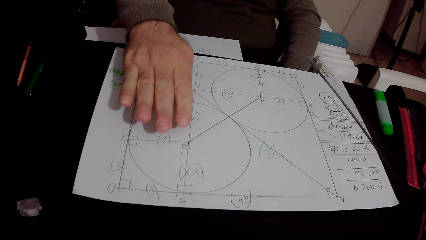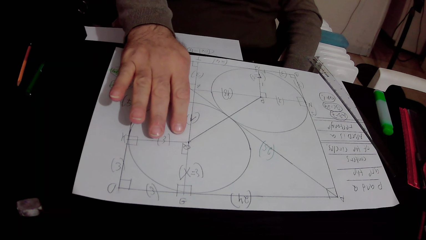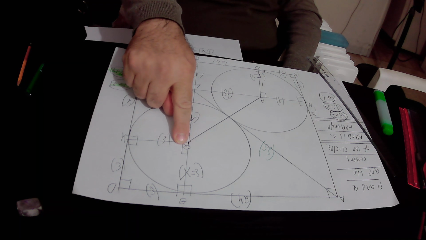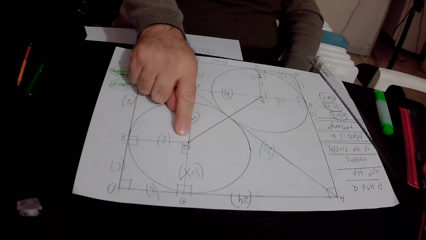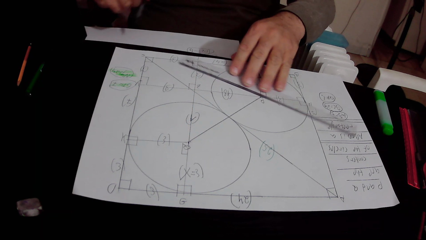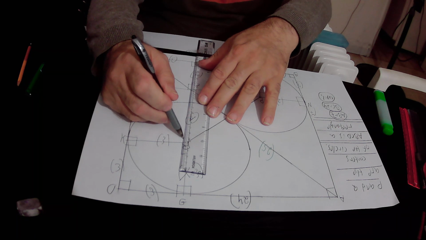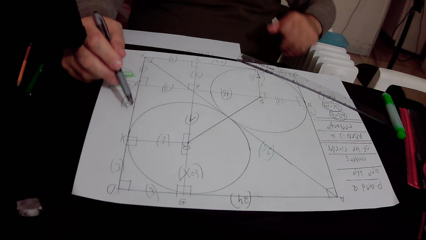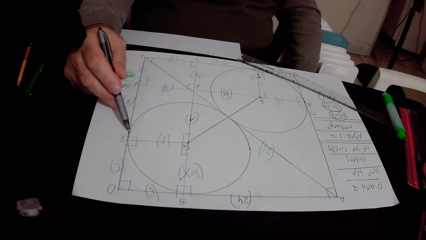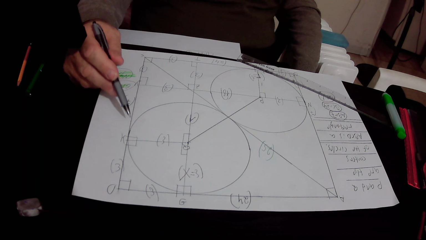So which angles do we have at this side of the straight line GT at point Q? We have this angle that is equal to 90 degrees plus the missing angle. In total they must be equal to 180 degrees. Therefore this missing angle must be equal to 90 degrees.